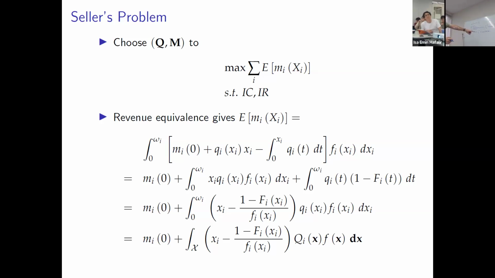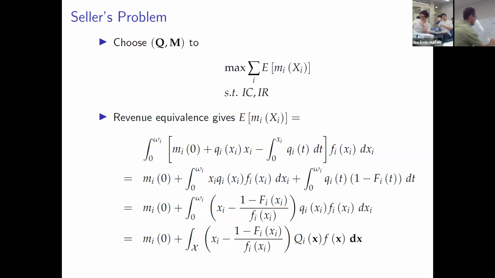Now, if I change the order of integration, I can rewrite this as 0 to w_i, where t will be outside and x will be inside. Since t has to be smaller than x_i, I'm going to have x_i here and w here, then f_i(x_i) dx_i, and the rest, q_i(t) here.